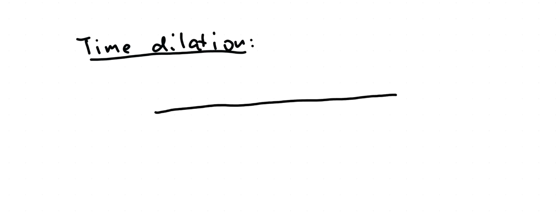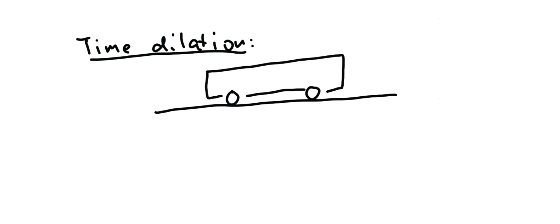Time dilation refers to the following effect. Let's take as an example a train or a bus, it doesn't matter. There's a passenger on the bus, and the bus moves with velocity v in some direction.